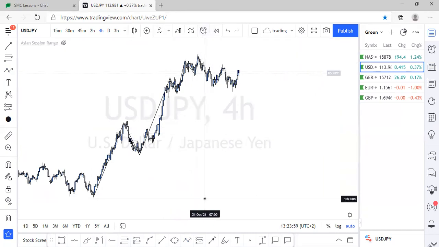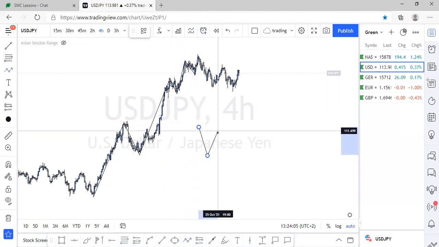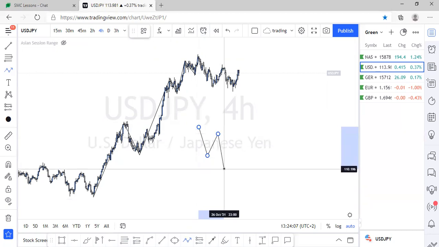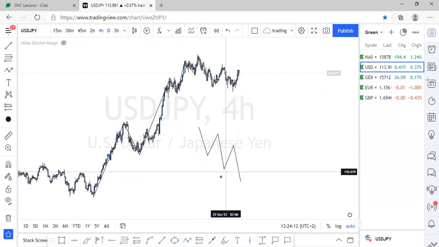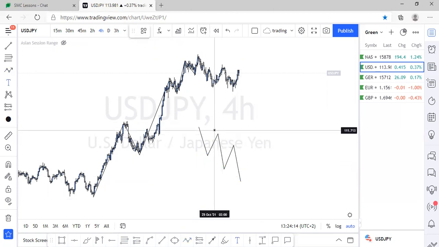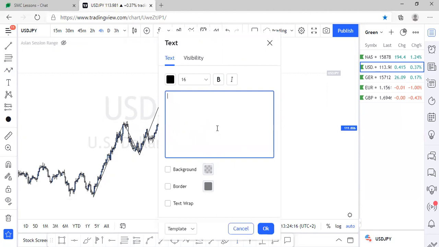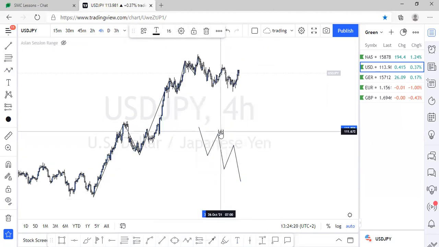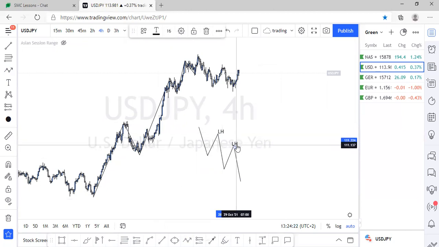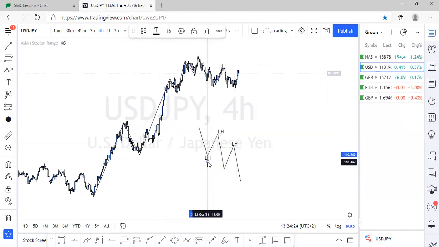So again, now this is bearish structure. On bearish structure, what do we have? We have lower high, lower high, lower low.